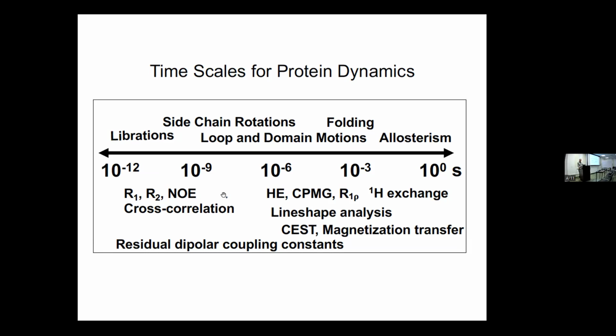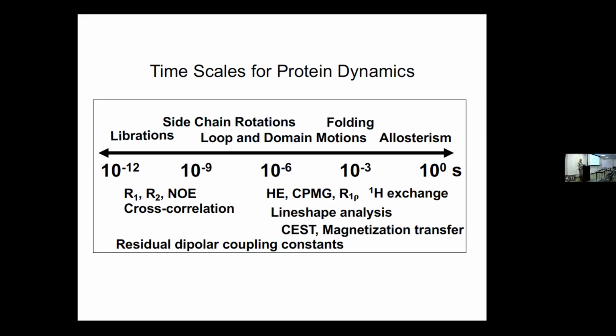So for us in solution, that means the cutoff is somewhere in the low nanosecond range, tens of nanoseconds, and then somewhere in the low microsecond regime, these chemical exchange experiments, relaxation dispersion, start to pick up signal. And part of particularly what Christian Griesinger's group has been doing over the last few years is trying to push this boundary down.